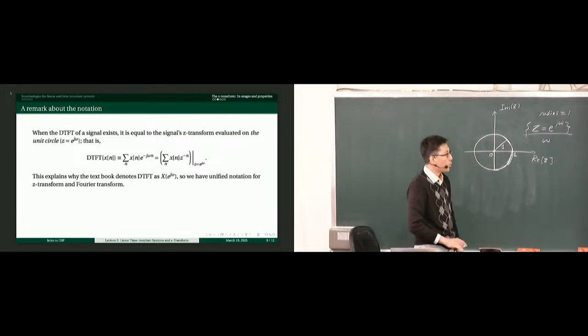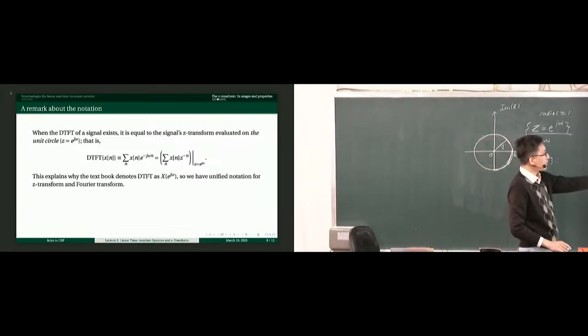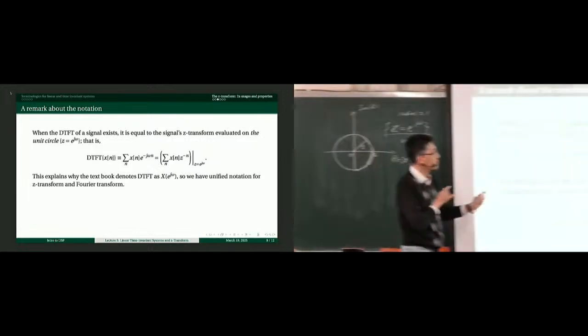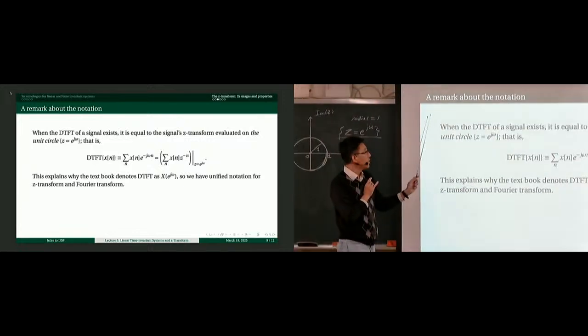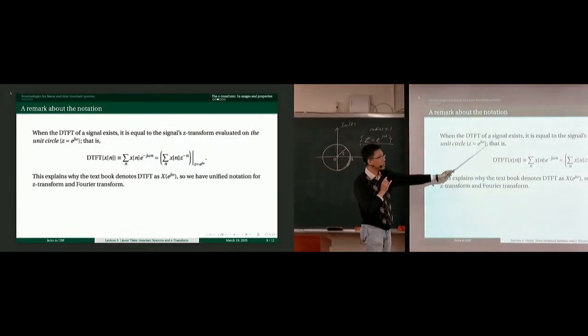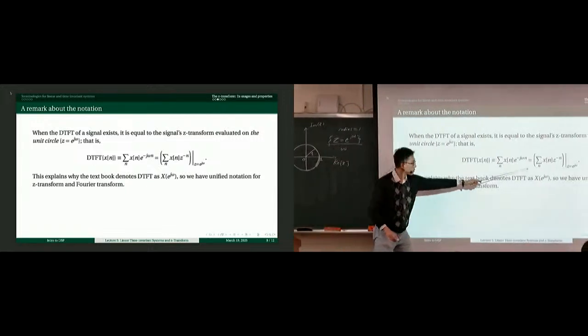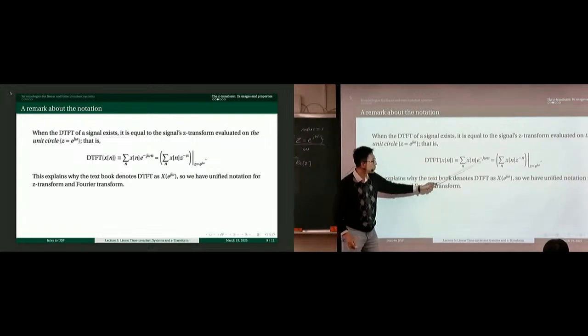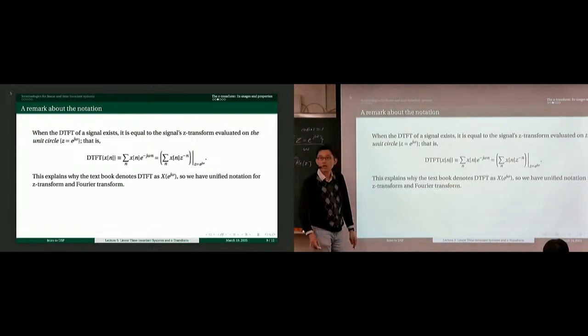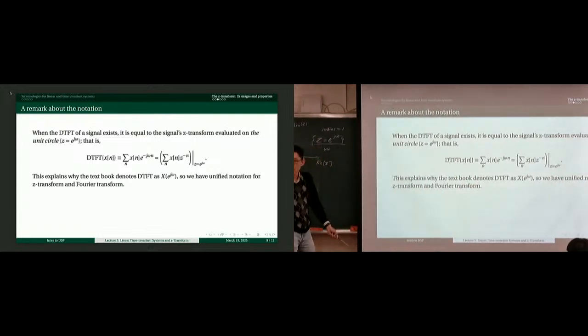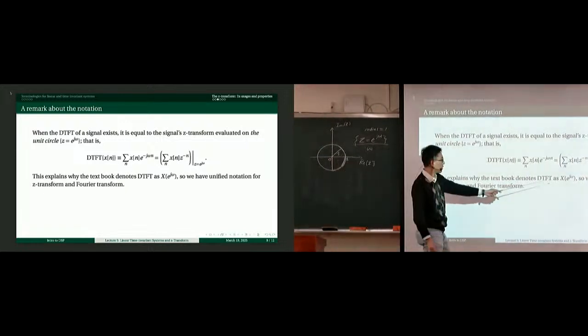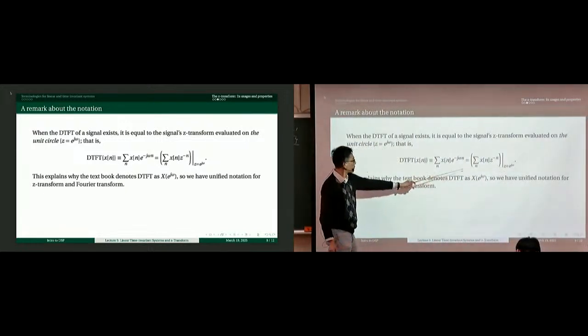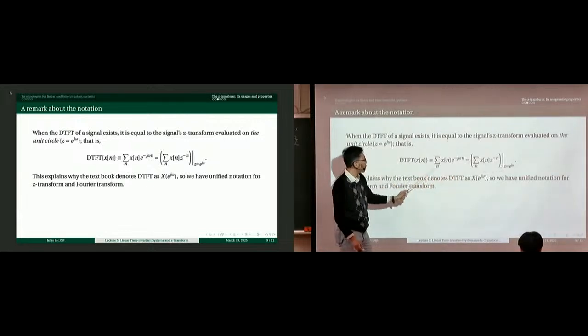But when the DTFT of the signal exists, when this expression really converges, then it equals the Z transform evaluated with that substitution. 代入一下就可以了. With that substitution, the Z transform evaluated on the unit circle equals the signal's DTFT.